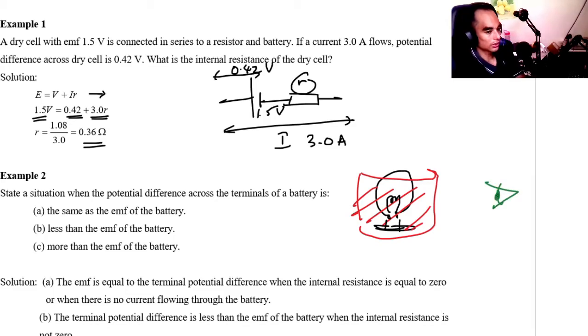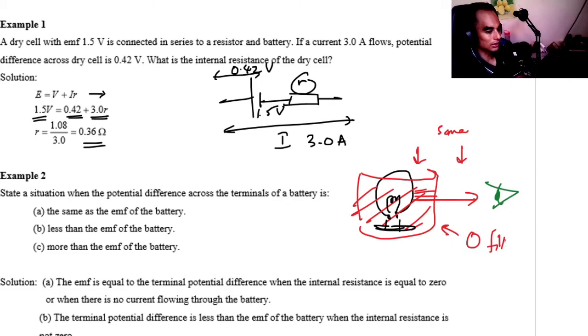If the potential difference across the terminals is the same as the EMF of the battery, it means the intensity of the light that passes through towards your eye is the same at this point and this point. So the filter here is a zero filter, it is not filtering anything. So there is no current flowing through the battery.